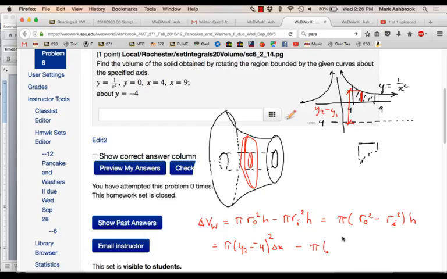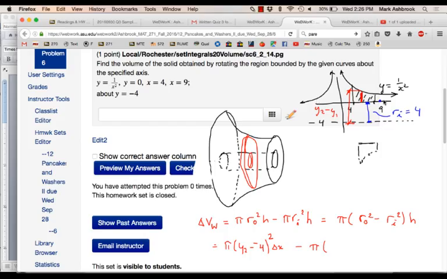Inner radius is going to be, I'll do that in blue. Inner radius will be from here to here. And that's our inner radius. So that one you should recognize is just really easy. For all of the washers, do you see that that inner radius is 4? So you could do 0 minus negative 4, fine.